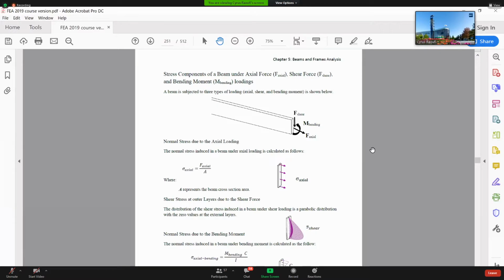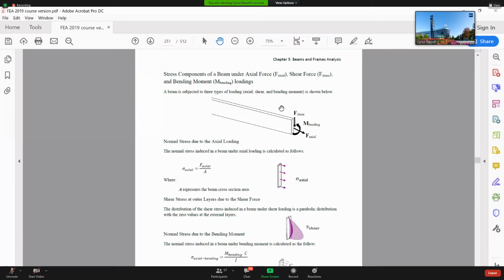But when it goes to the beam, you should be able to identify the components of stress, because now you are familiar with the concept of combined stress. If you look here, for a 2D planar beam, I can have shear, I can have axial, and I can have bending moment.